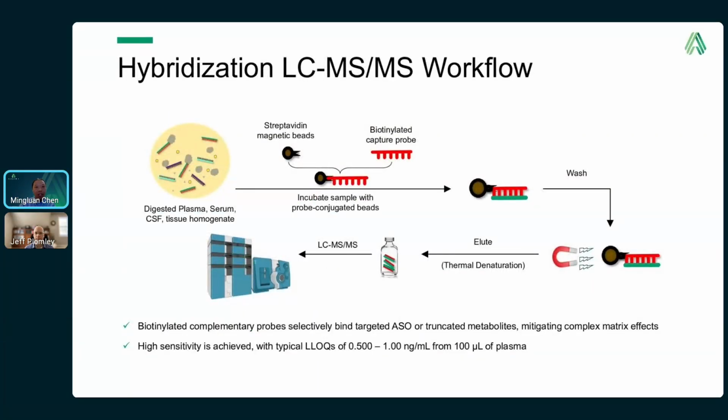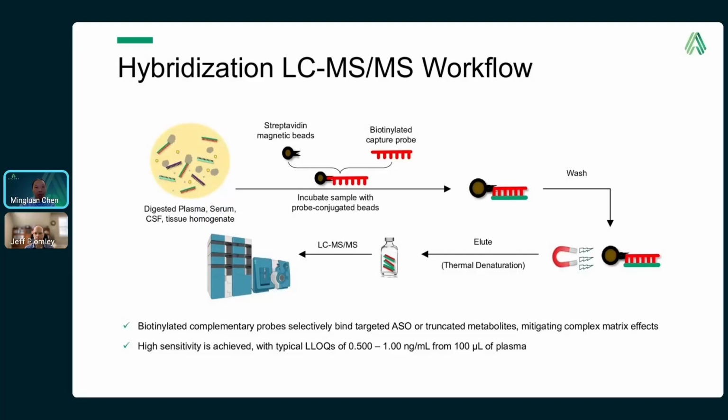To address these challenges, we employed a hybridization LC-MS workflow for ASO bioanalysis, as illustrated here. Following digestion, the biological matrices such as plasma, serum, CSF, or tissue homogenate are incubated with the biotinylated complementary probe pre-conjugated on the streptavidin magnetic beads.